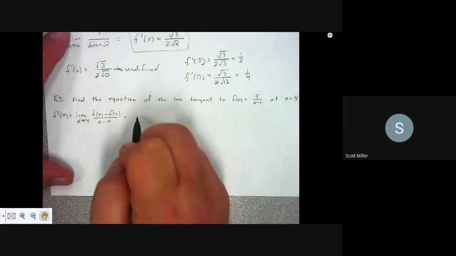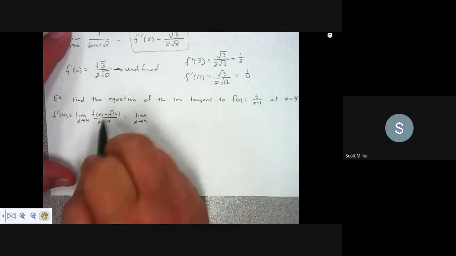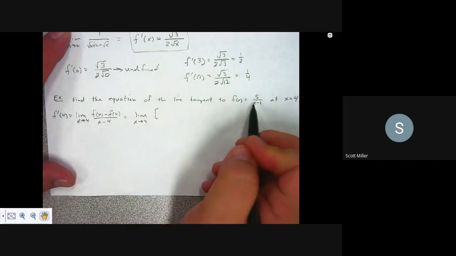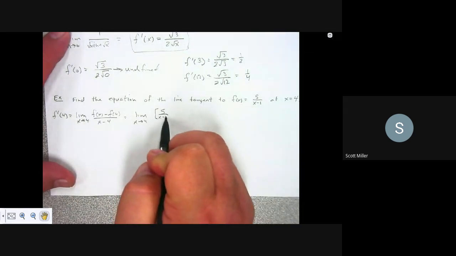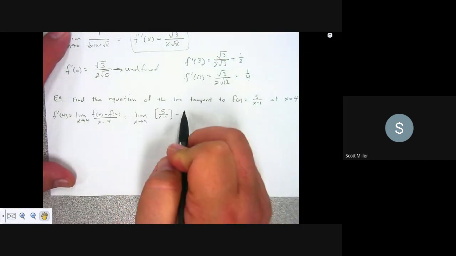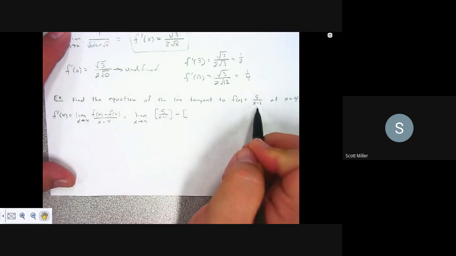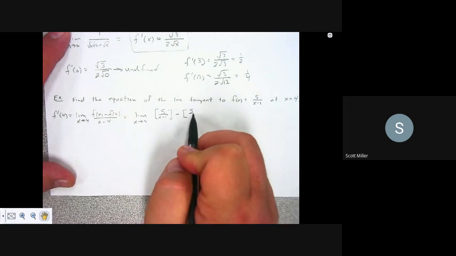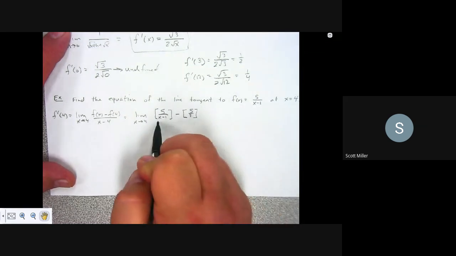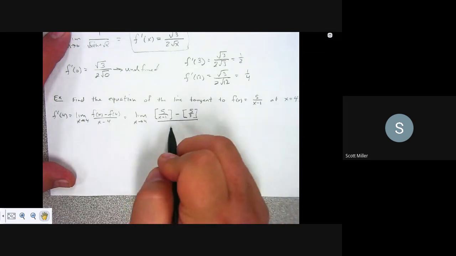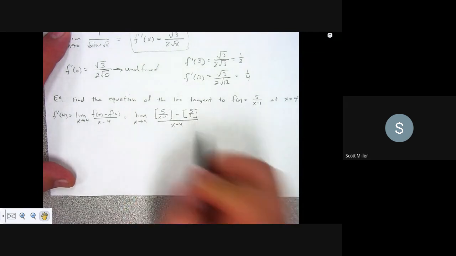So now we go through here and we work this out. f of x is 5 over x minus 1. f of 4 is 5 over 3. And then x minus 4.